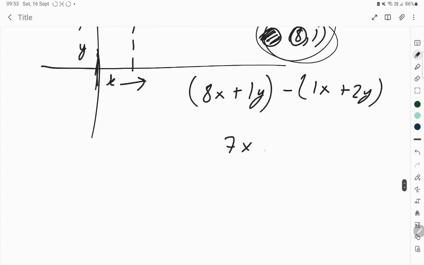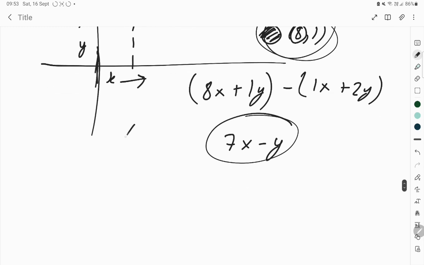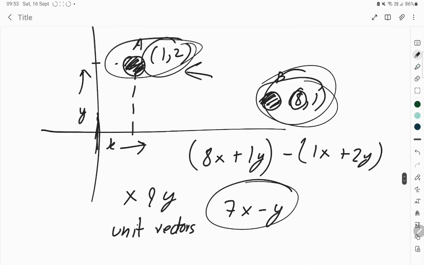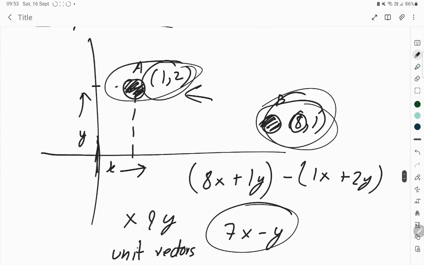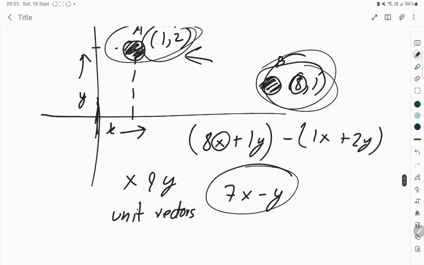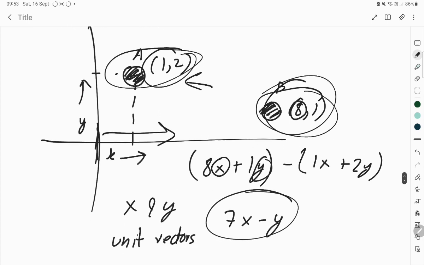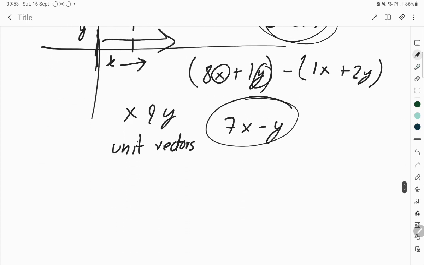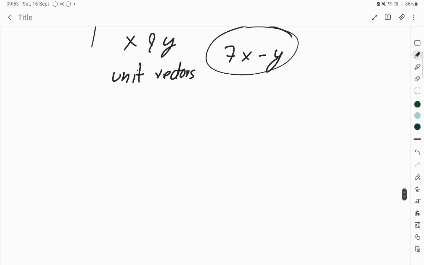That will give us 7x minus y. That is the displacement, where x and y are unit vectors along the respective axes. So the x is the unit vector along the x-axis, and the y is the unit vector along the y-axis. So yeah, that is displacement.